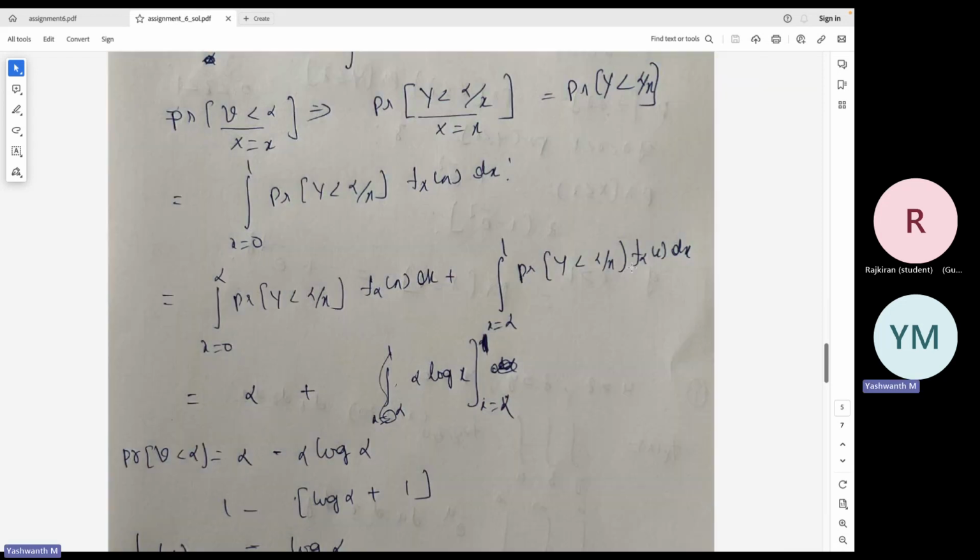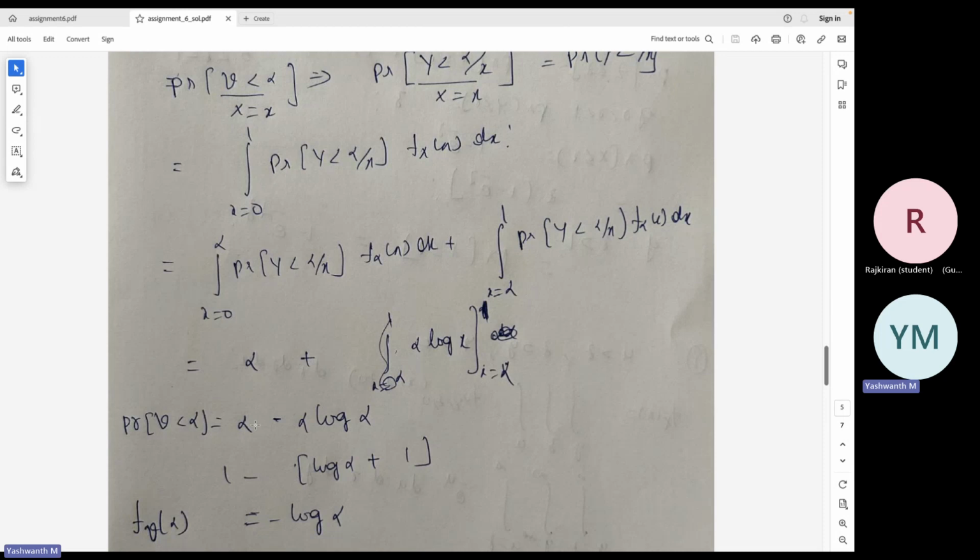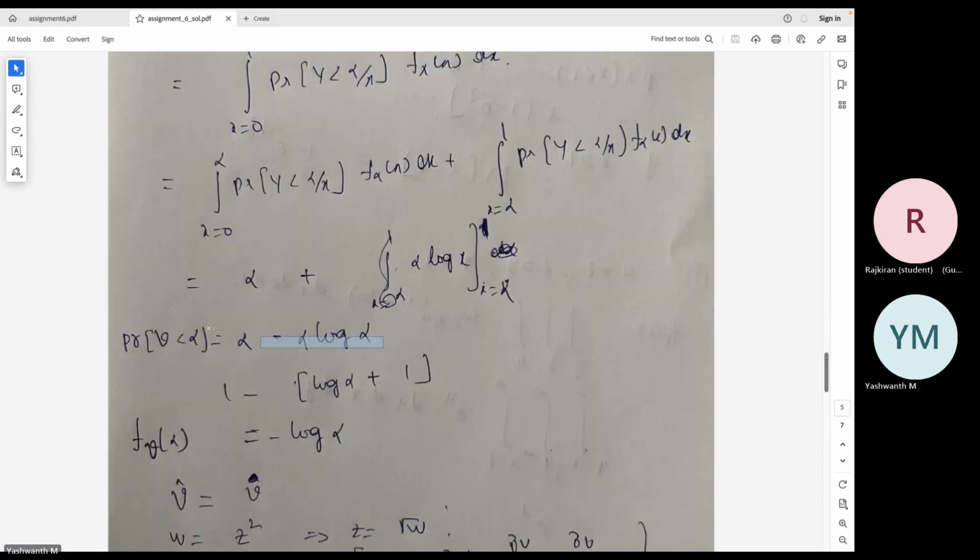And alpha by X, you integrate over dx, is alpha times log X going from alpha to 1. So what we get is alpha minus alpha times log alpha. This is your distribution. The density is just differentiated, and you get minus log alpha.